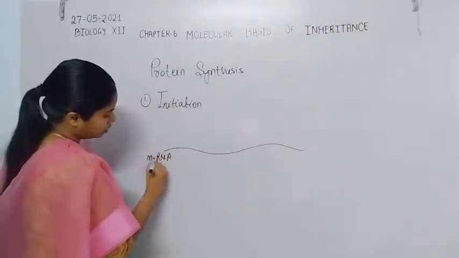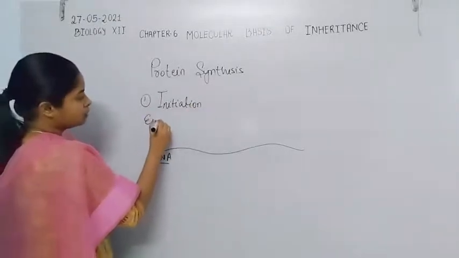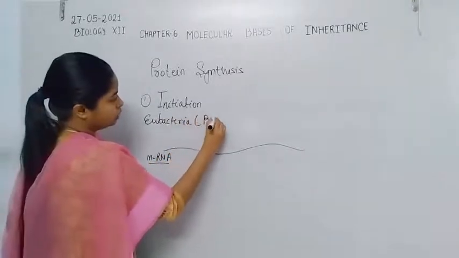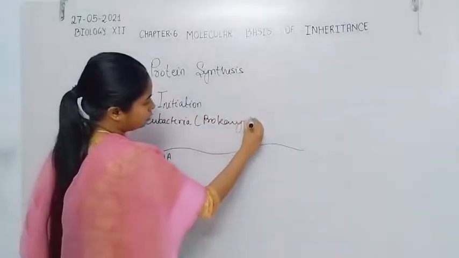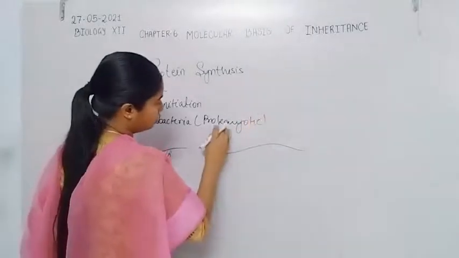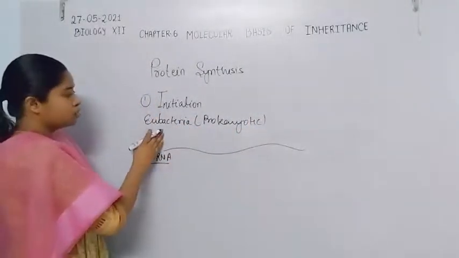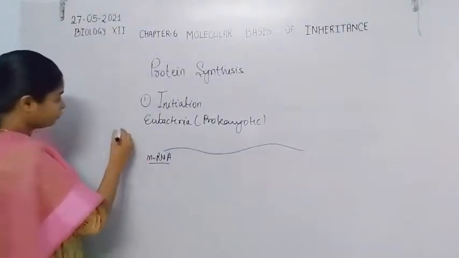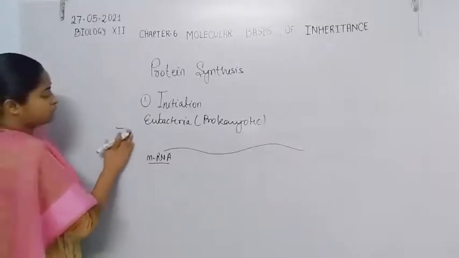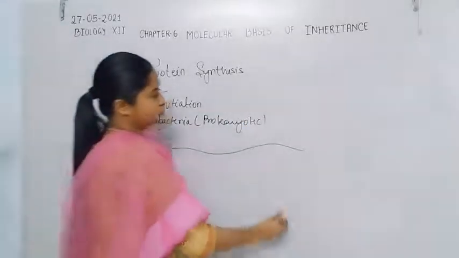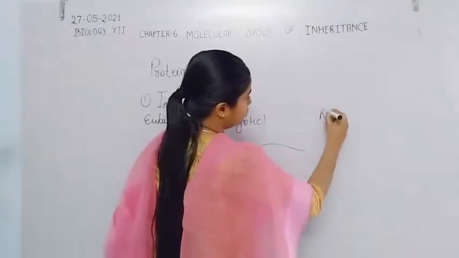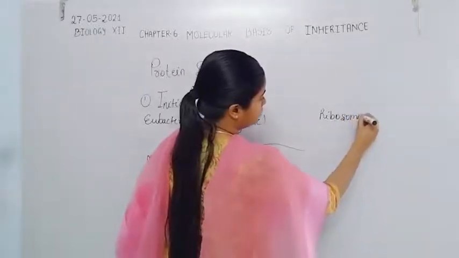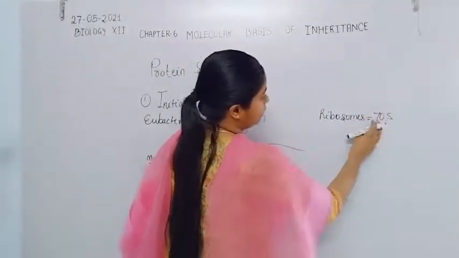Now, in the initiation step, here is the mRNA molecule, and the example is eubacteria, which belongs to the prokaryotic organism. The ribosomes in this type of organism are 70S ribosomes.